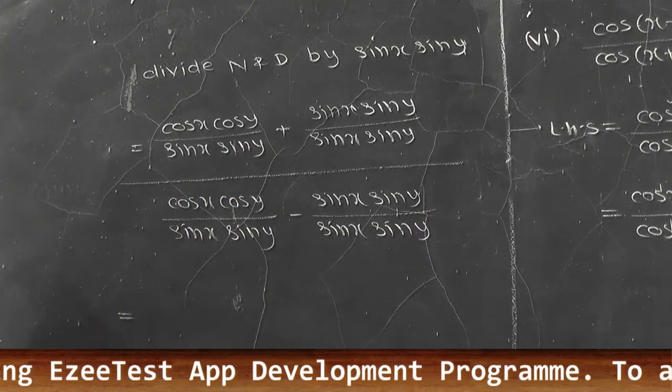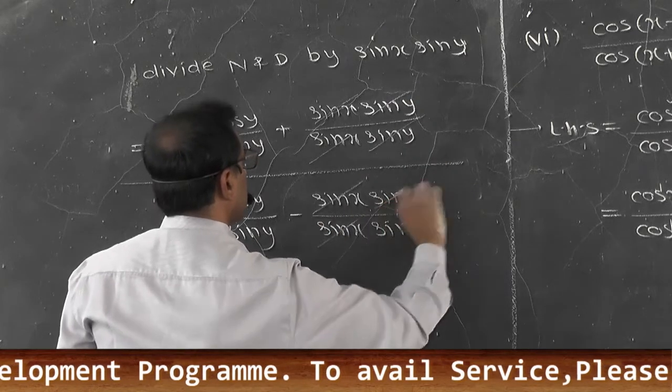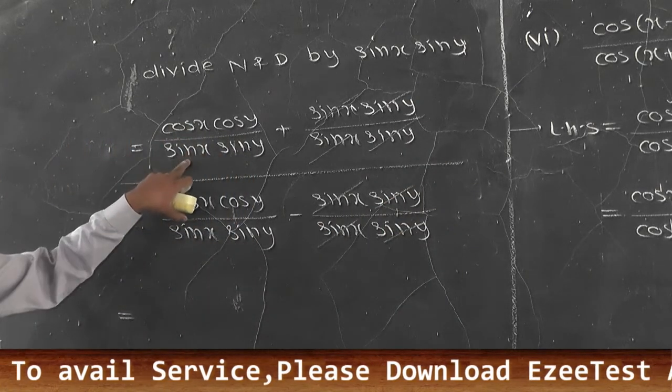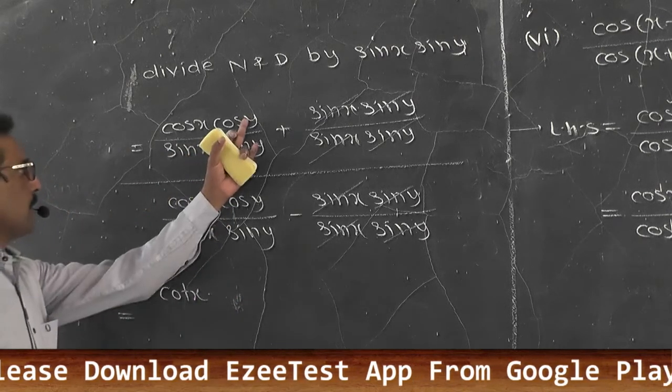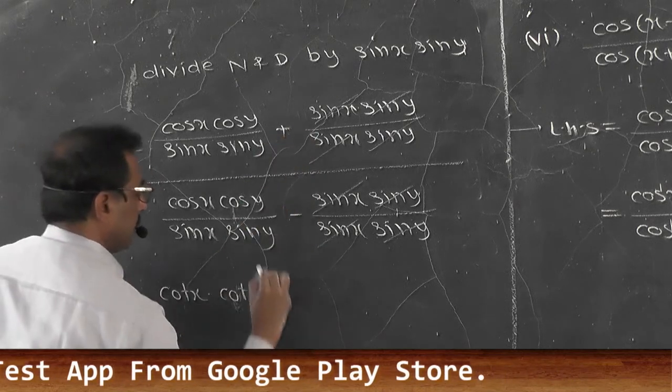It is equal to, I think sin x sin y get cancelled. Cos x upon sin x is nothing but cot x. Cos y upon sin y is cot y. This is plus here.